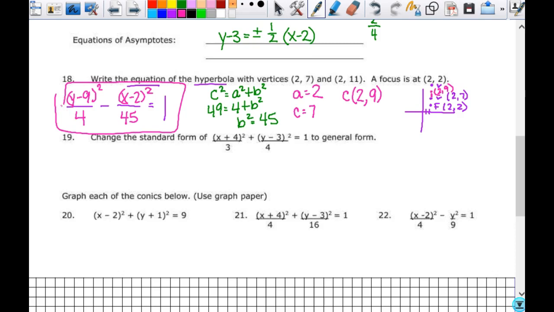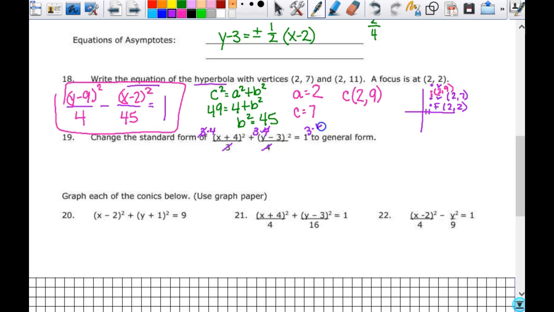So if I'm going to change standard form to general form, that just means that I have got to multiply everything out, basically. I can start by getting rid of the fractions. So to get rid of the fractions, I'm going to multiply everything through by 3, and everything through by 4. So basically by 12. But really, if you think about multiplying it through by 3 times 4, which is 12, then the 3's cancel out, so you just end up with a 4 out front, and the 4's cancel out, so you just end up with a 3 out front.